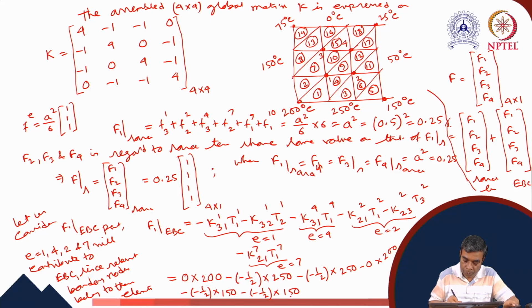So we have put all the contributions here. We can perform the calculations. 0 into 200 is 0. Half into 250 is 125. Then we have again half into 250, which is 125, minus 0.